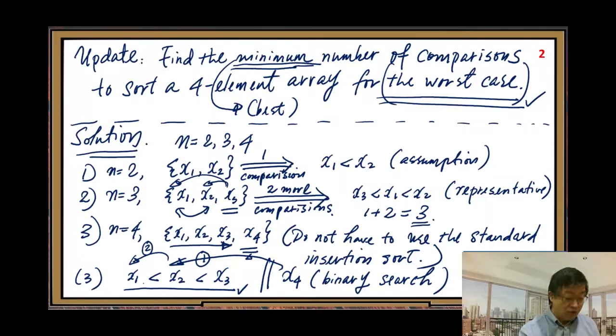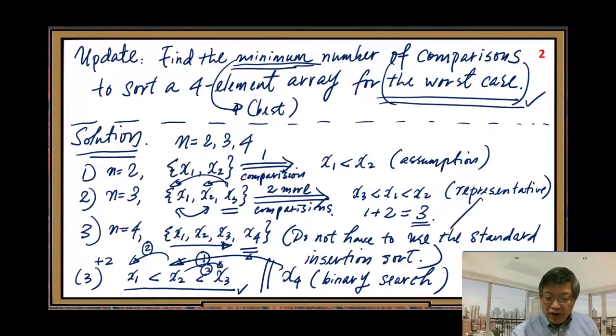The other, the second comparison is with x3, because x4 is greater than x2. In both cases, you just need 2 more comparisons. So with this binary search idea, when you insert the 4th element, you only need 2 more comparisons.